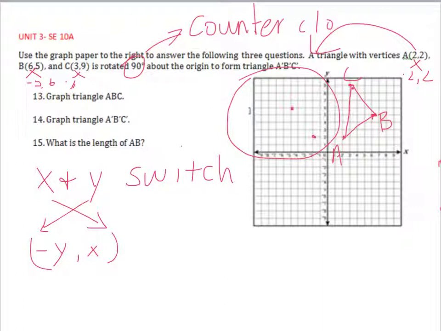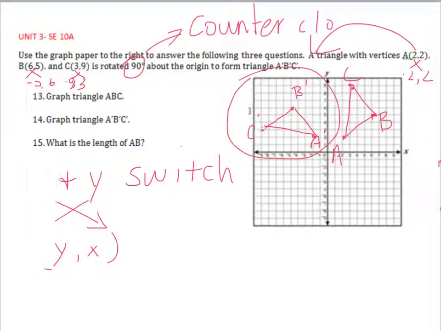So you get negative 9, 3. We draw our new lines. And this becomes A prime, B prime, C prime. So that's how it looks rotated.